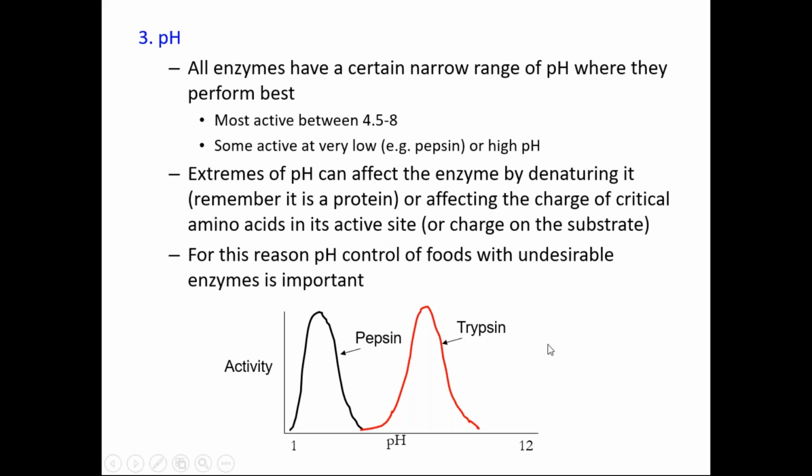For this reason, pH control of foods with undesirable enzymes is important. So every enzyme is characterized by a Vmax, a Km, an optimum pH, and an optimum temperature.